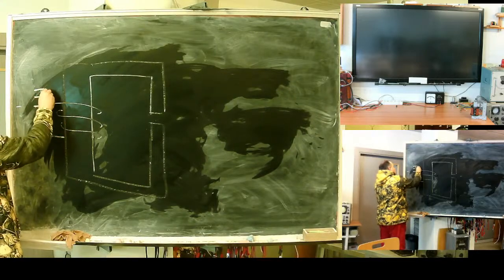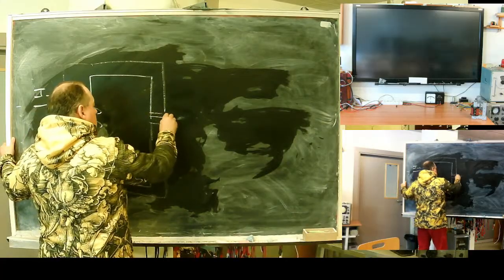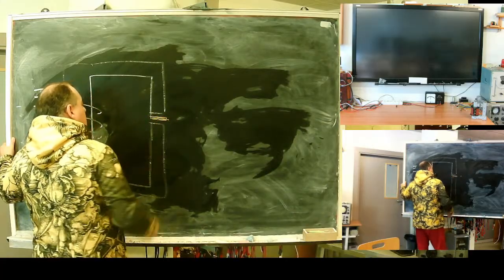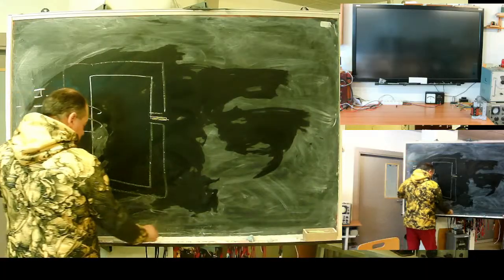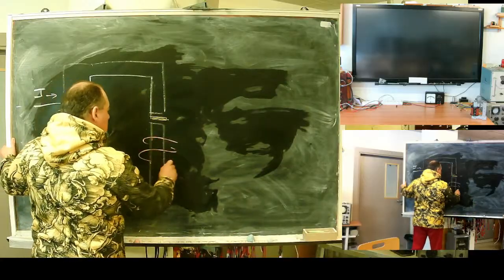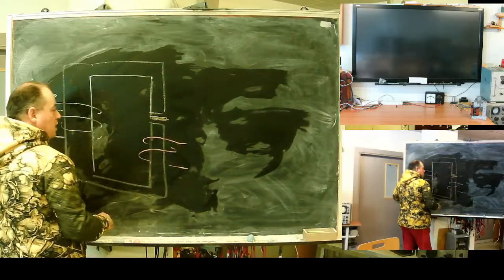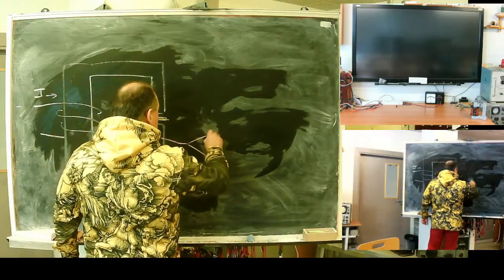Here will be our current. Here, the place for the Hall sensor. And an additional winding powered from an amplifier.